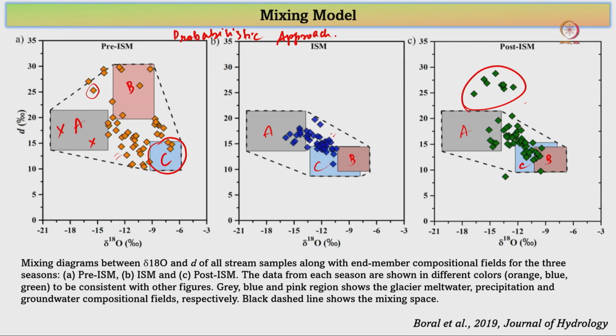What will I do at that time? So, either I have to shift my n member compositions accordingly. My n member compositions would have to shift if I see that my values are lying outside this box, that I know, then I know that okay, this needs some kind of shifting of the boxes.